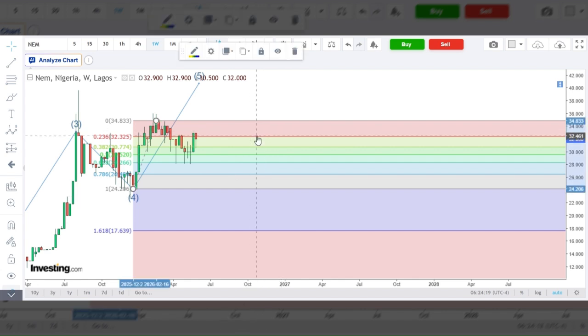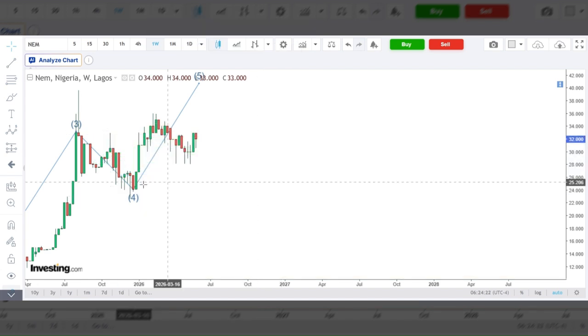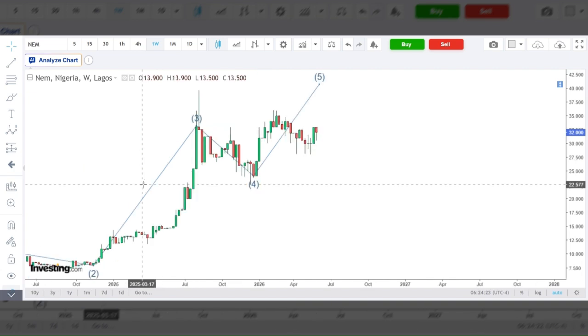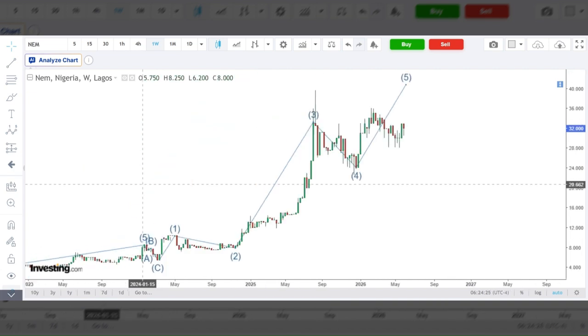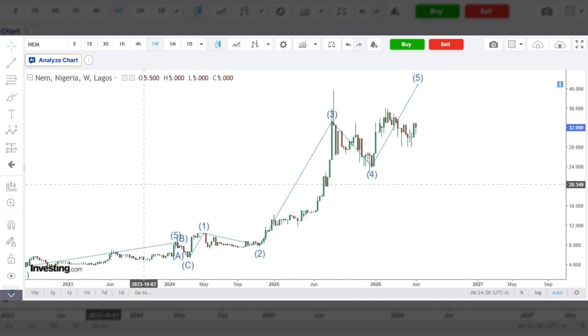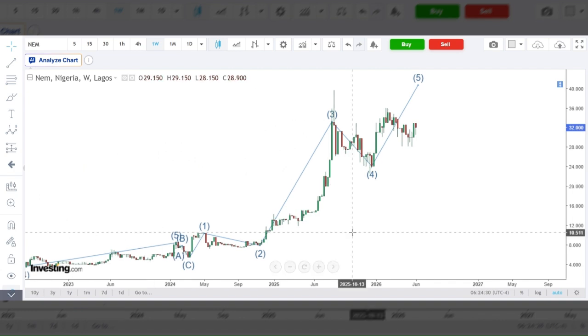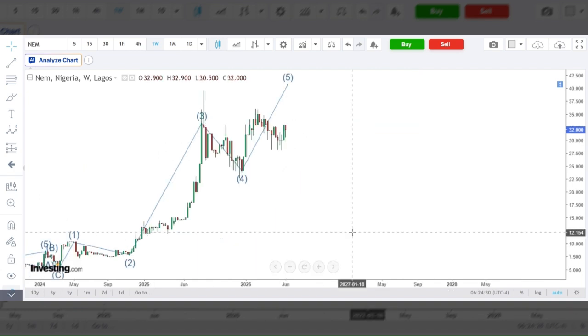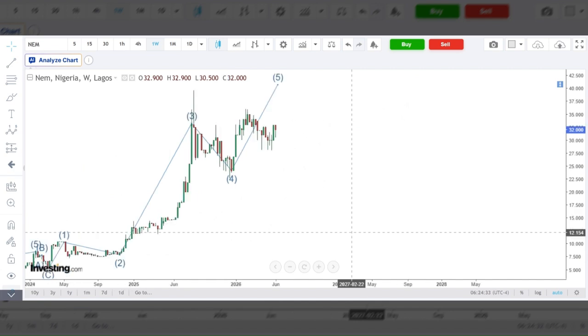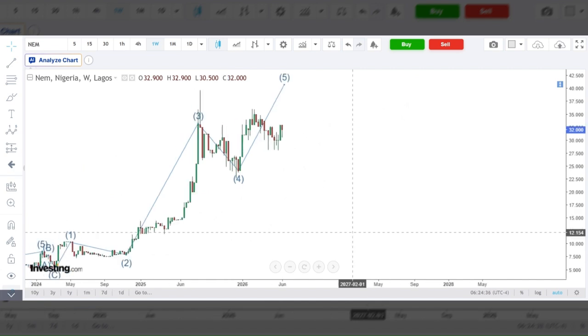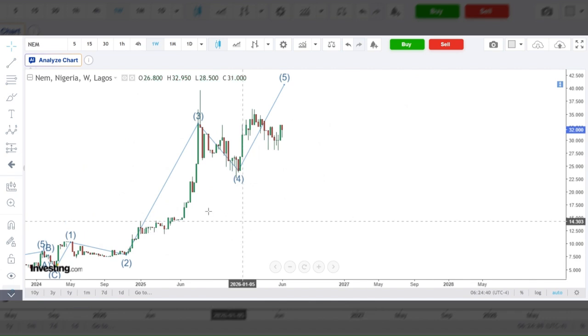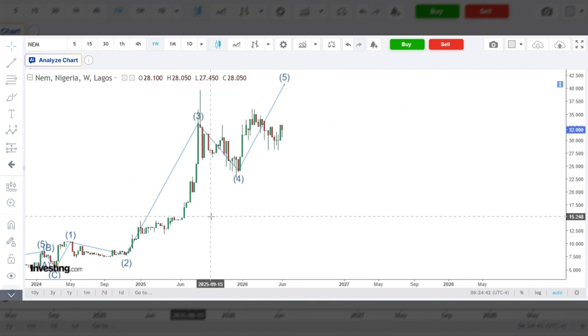Using the RSI to know where the market is overbought and oversold, and combining it with Fibonacci sequence and Elliott Wave, will give you a very good picture of where the market is now. Is it in a consolidating area? Is it retracing, or is it in an uptrend?